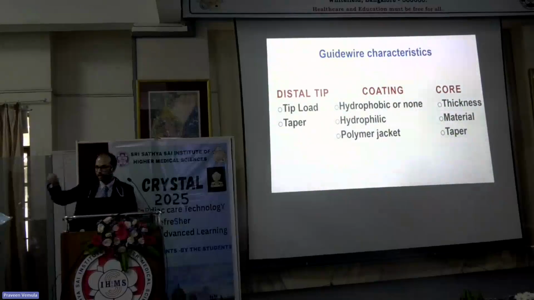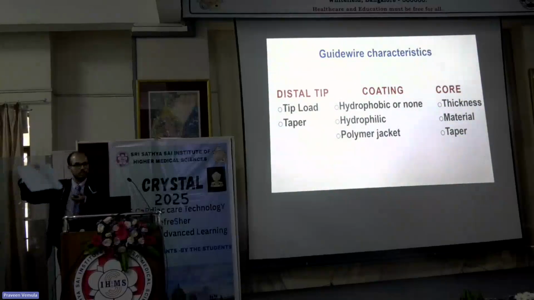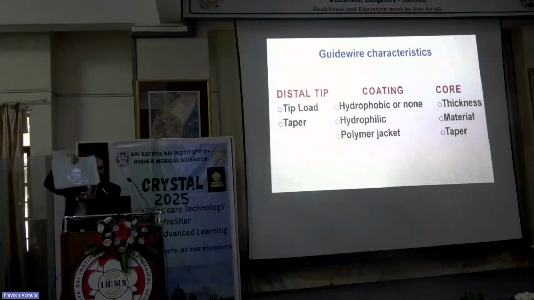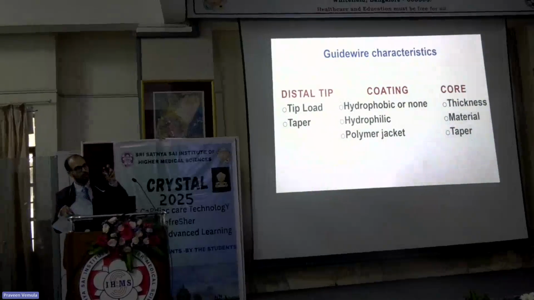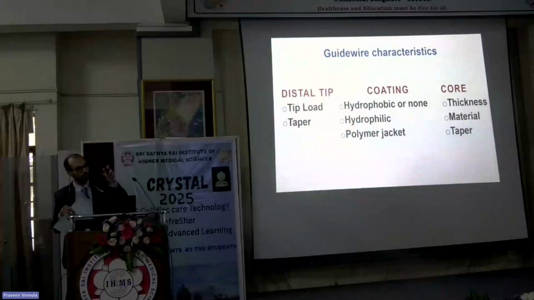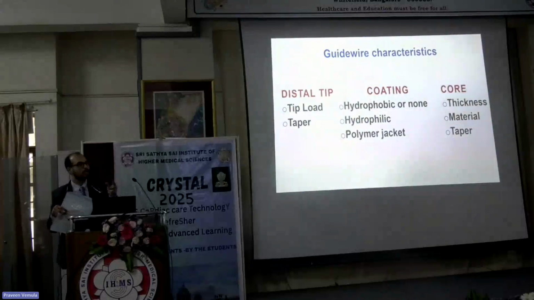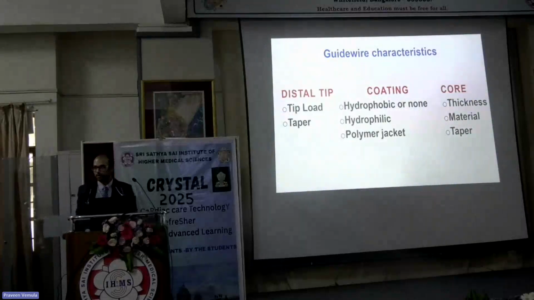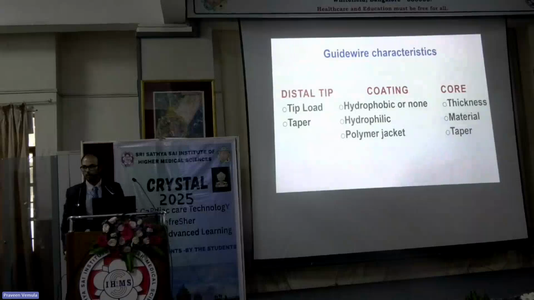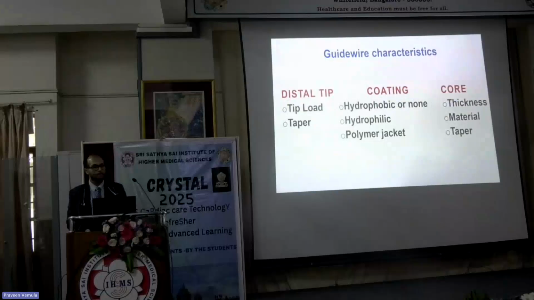When you take a wire like this and you push it like that, the amount of force it takes to bend the distal 1 centimeter determines the tip weight. Outside the body, he's saying. We need to bend and see at what point it bends. You say like 1.5 grams or 3 grams or whatever that is. It's called a tip load. Yeah, sorry, that's the tip load.